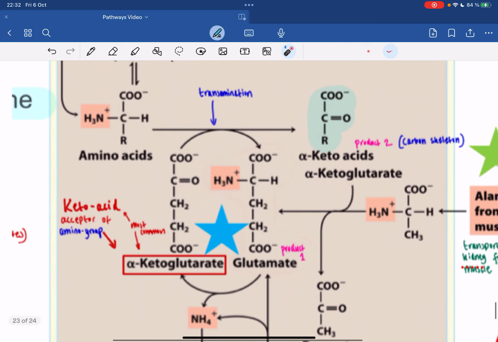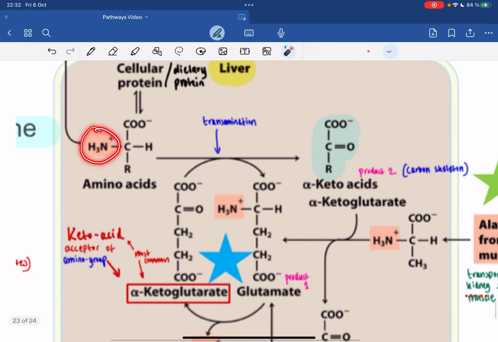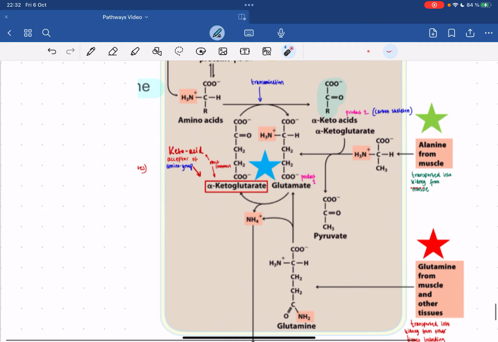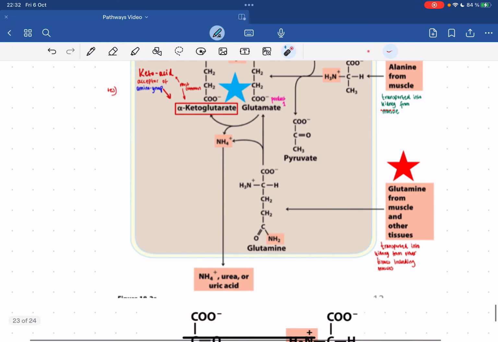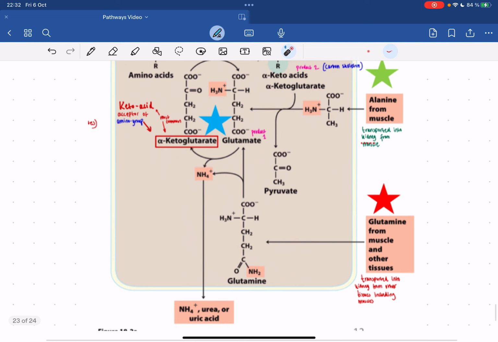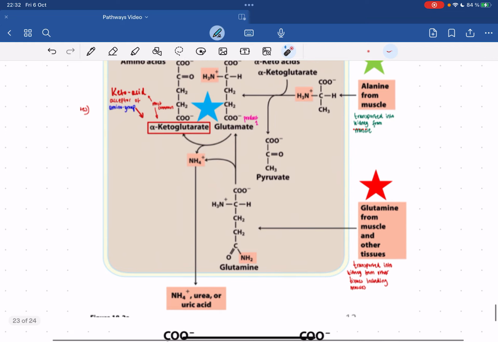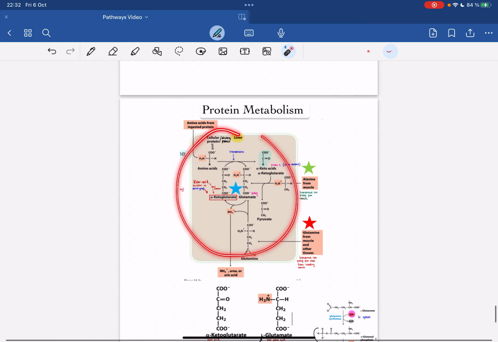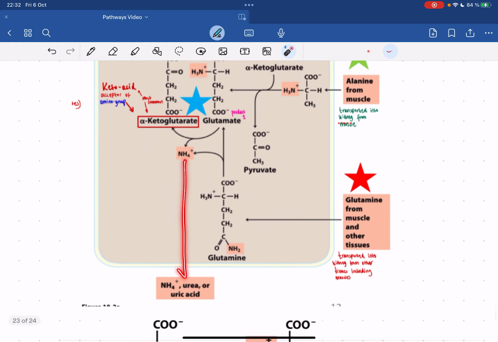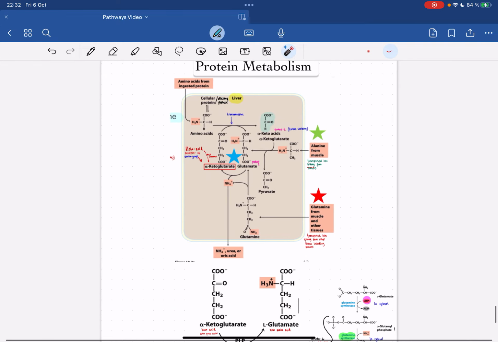And the glutamate helps carry this additional amino acid into the cell, and it sort of helps with getting rid of this ammonia when it transforms back into alpha ketoglutarate. Because inside the liver cells, the ammonia can be released in order to be excreted into the urea.